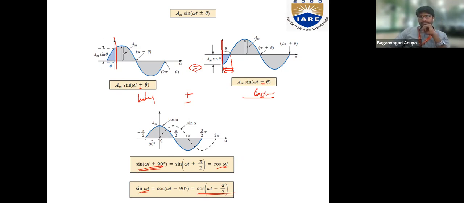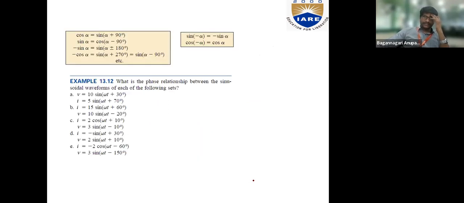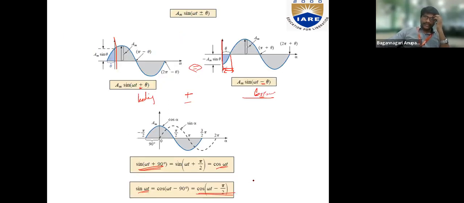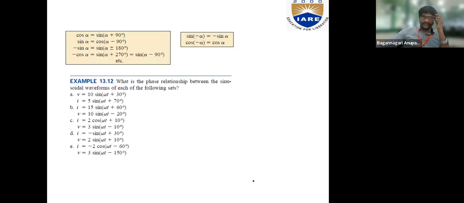I can move this forward by adding a leading angle of 90 degrees. Sin omega t plus 90 can be written as cos omega t, or sin omega t can be written as cos omega t minus 90. This will be useful while you write the equations for alternating quantities in an inductor and capacitor.